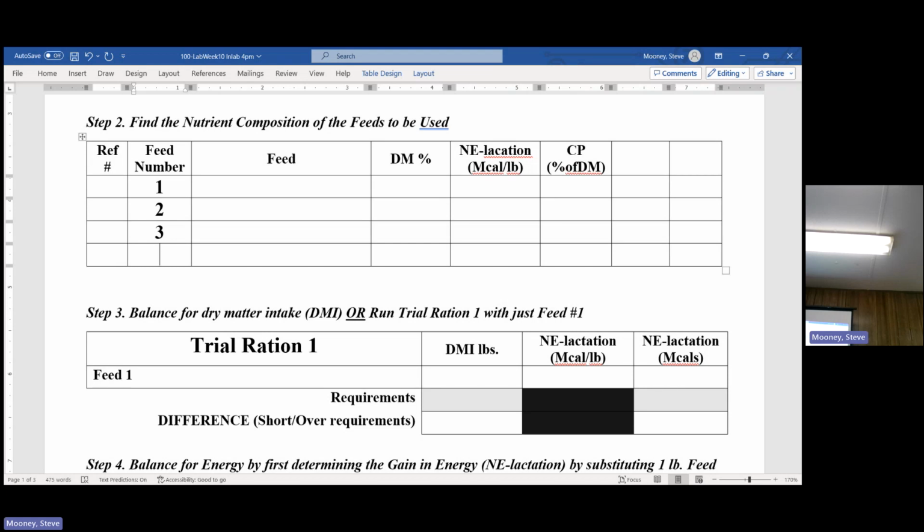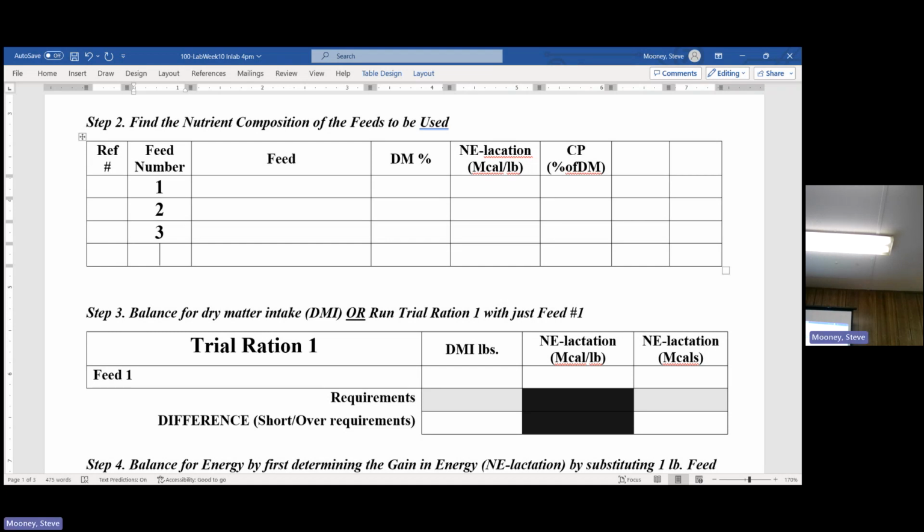How do we describe those feeds? Number 1 is the category that we're dealing with, or description. It's forage usually. But the key thing we're looking for is the amount of energy, the amount of protein.